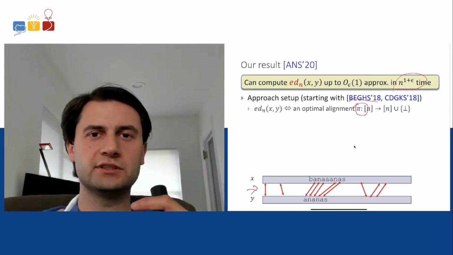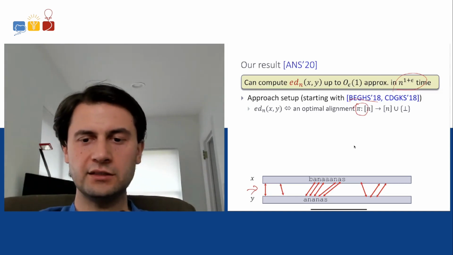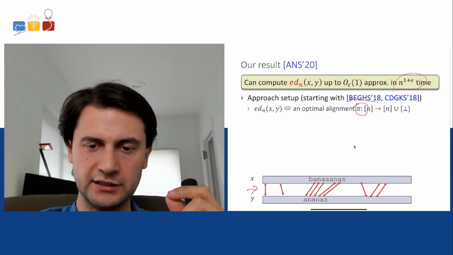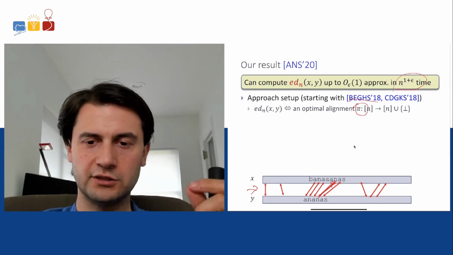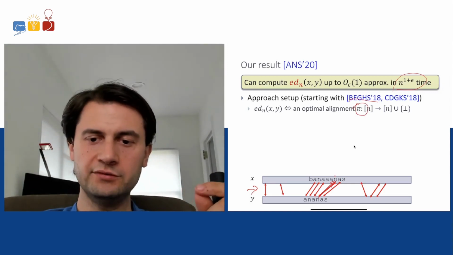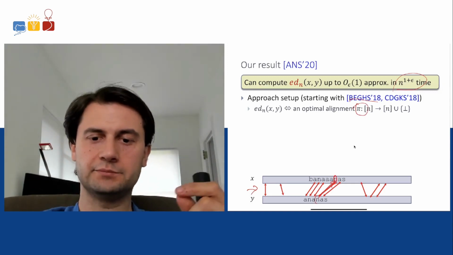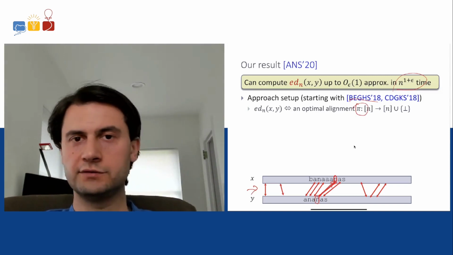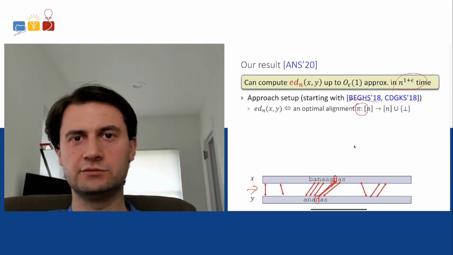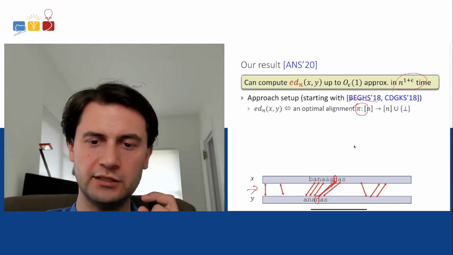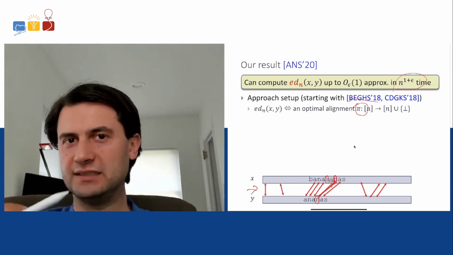These lines cannot intersect. And a red arrow here means that, after the transformations, this letter became that letter. Okay, so this is the notion of alignment. And things which are not aligned, for example this A, mean that it is deleted.